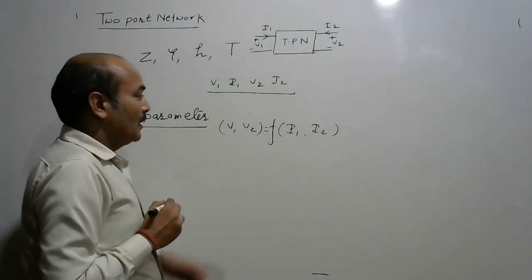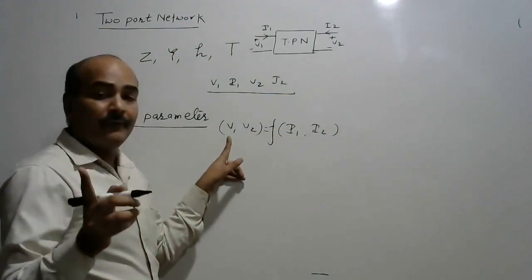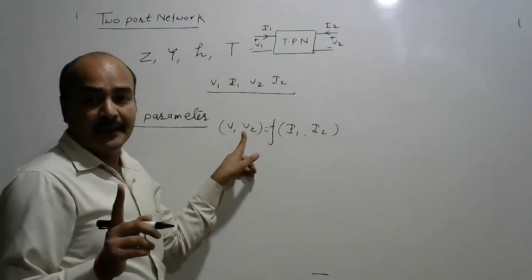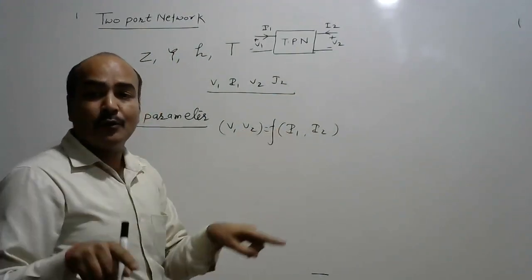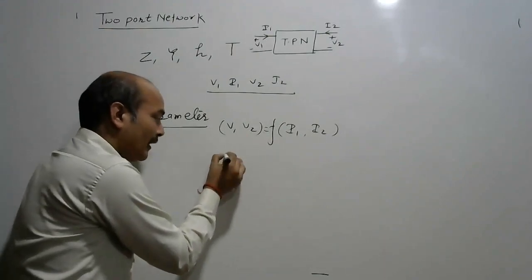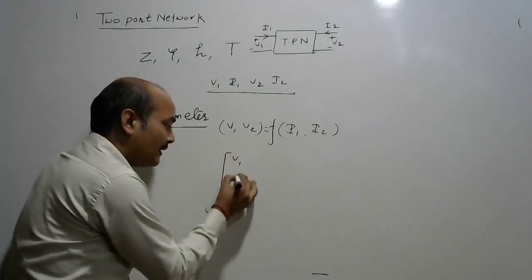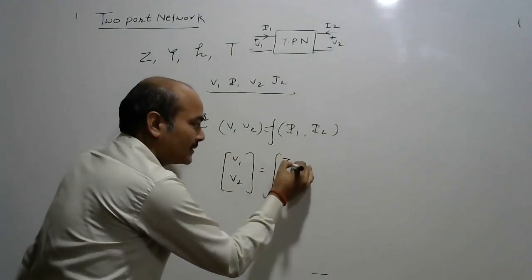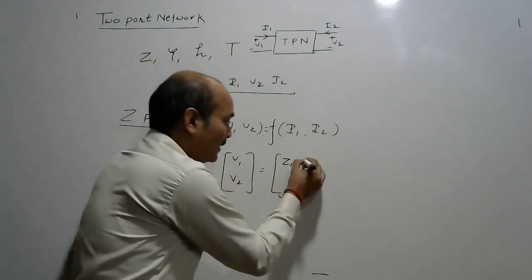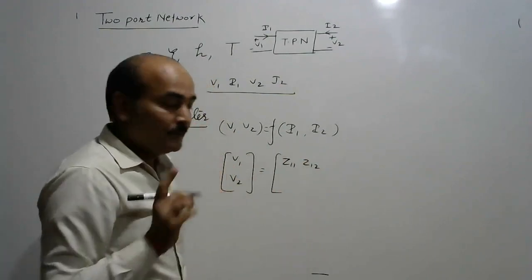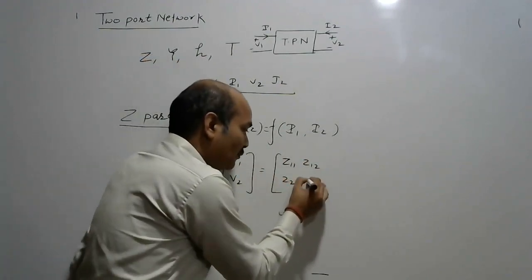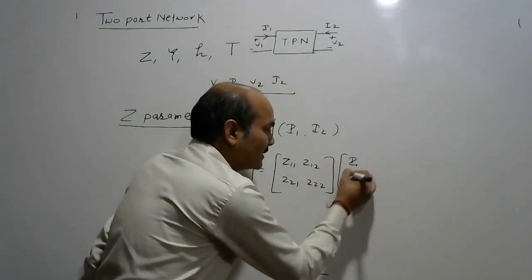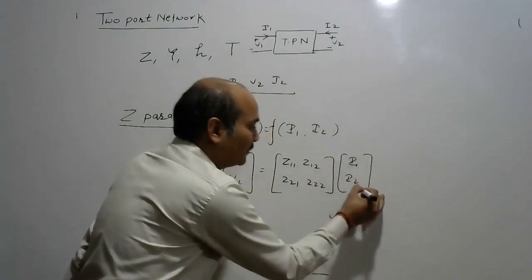Because V1 is a function of I1 and I2 and V2 is a function of I1 and I2, we require a 2 by 2 matrix. So here the column of V1 and V2 equals the matrix of parameters Z11, Z12, Z21 and Z22 times the current column I1 and I2.